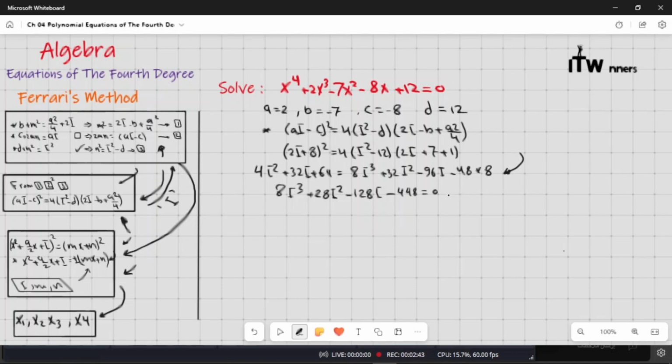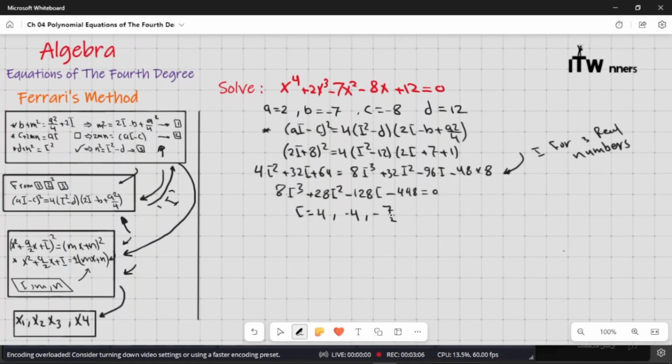Okay, as you said before, we can obtain from here I, three real numbers. Okay, we have here I equal to 4, -4, and negative 7. Okay, so what will we do here?